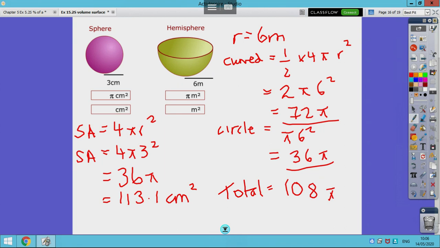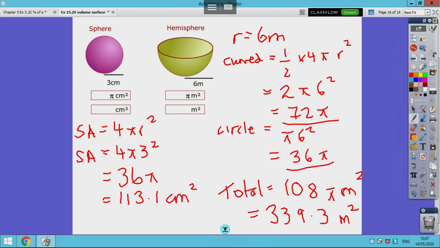Pi metres squared, and then if we do it to one decimal place, 339.3 metres squared. Lovely.